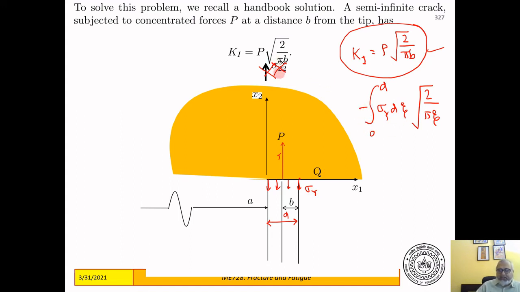So your net stress intensity factor at the tip of the crack, that is here, KQ, will be equal to K1 minus this quantity, and we will use the fact that KQ has to be 0.